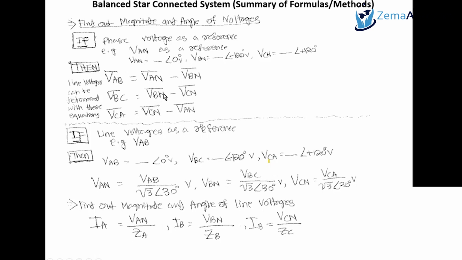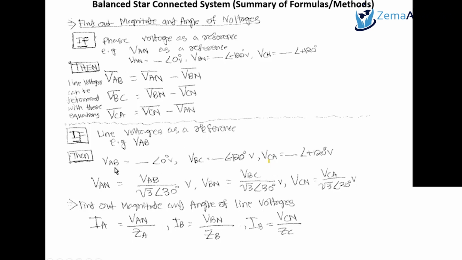What if in the tutorial questions you find the line voltages given as a reference? Then it means that the line voltage VAB, for example, is considered as a reference line voltage, which is opposite to what we did in the example.